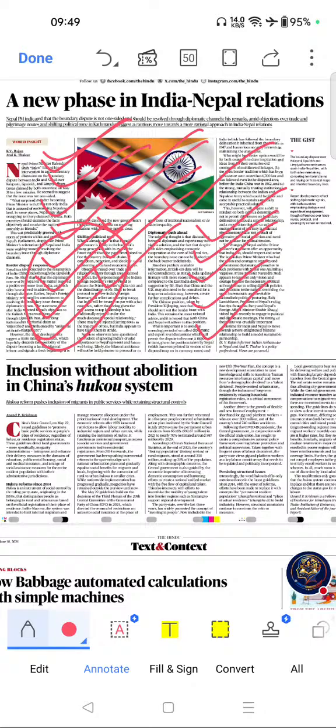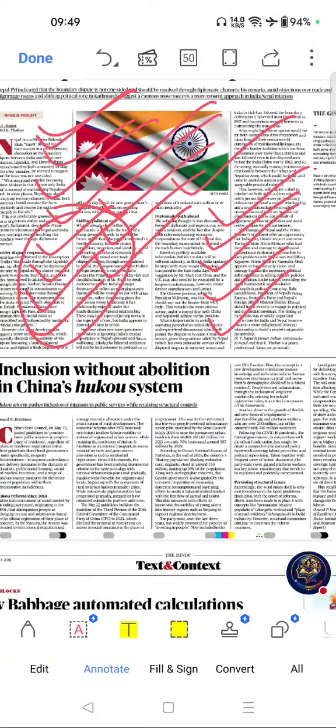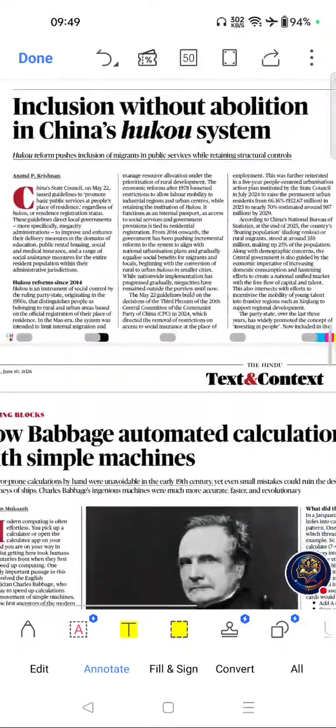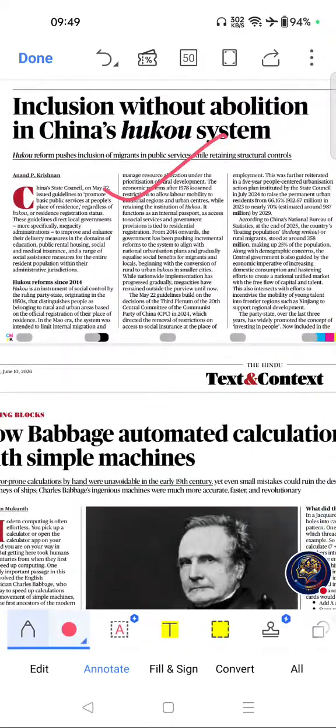Move on to the next important article from this page. Was this one? Inclusive urbanization: abolition in China's Hukou system. If you see the importance of this article, China is a major UPSC international relations topic.